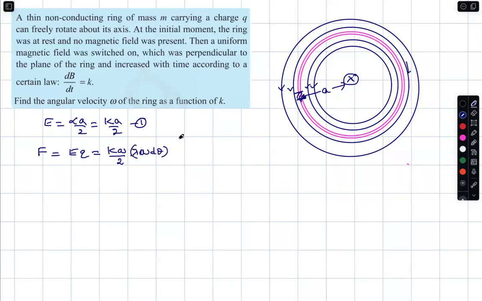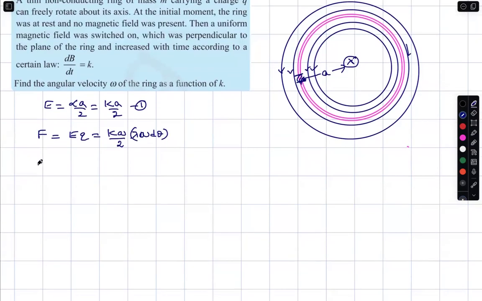Everywhere you have such forces, and these forces contribute to torque. F into A, so KA square lambda by 2 d theta is the torque.